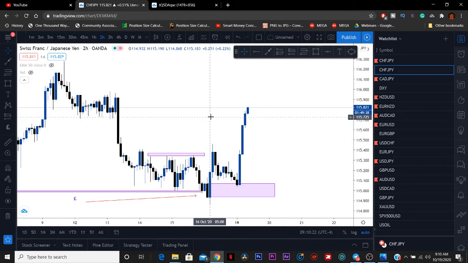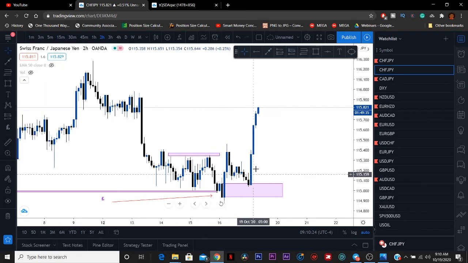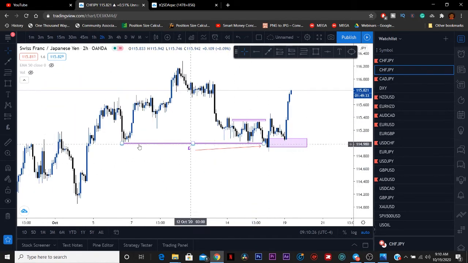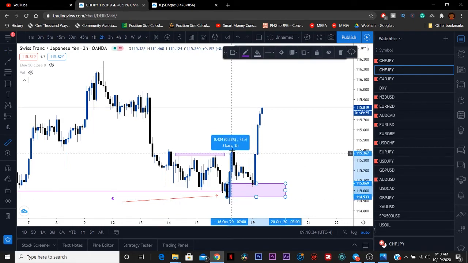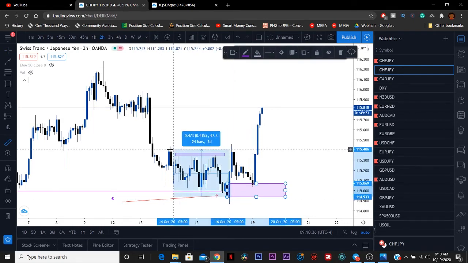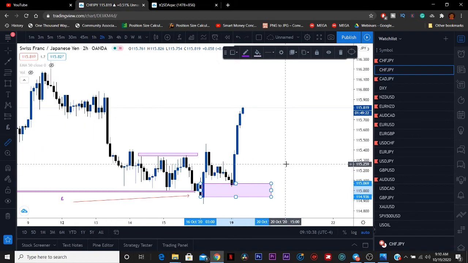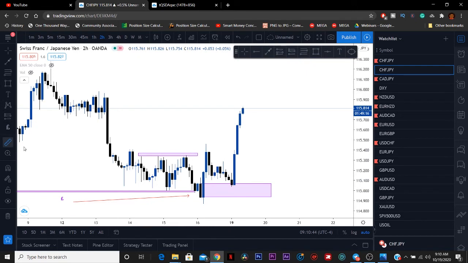So this confirmed the order block to me because first, confirmation A, the order block took liquidity. Confirmation B, there was an impulsive move to the upside that broke structure. And then confirmation C was the fact that, let me show you.